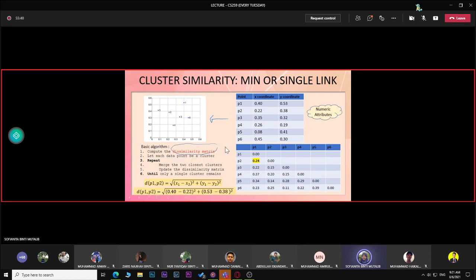Okay, right, now what we are going to do is to find the 2 closest clusters. Okay, from your view here, at this point, can you find any closest cluster? Can you give me the closest cluster from this dissimilarity matrix? P2, P3. Okay, thank you.